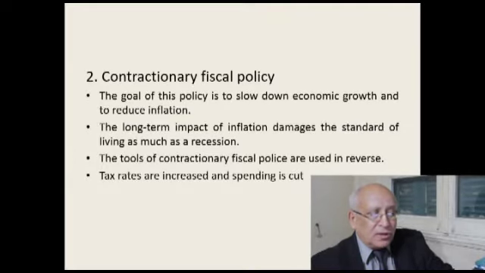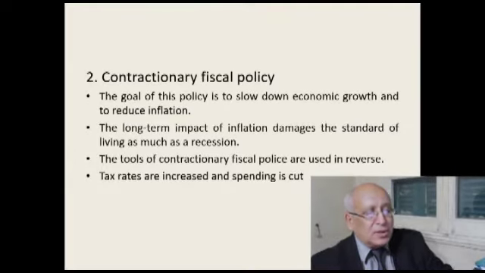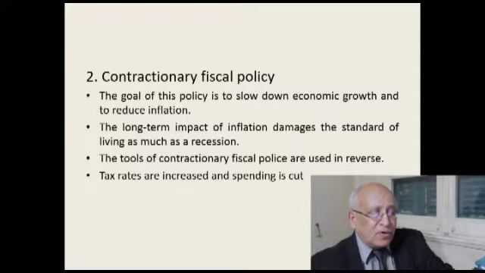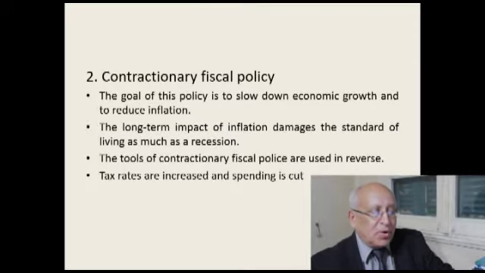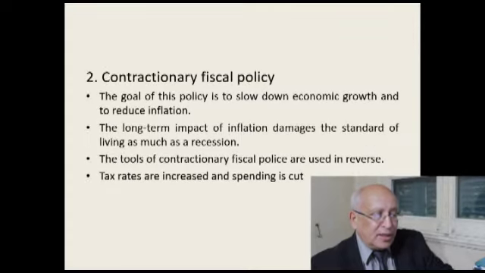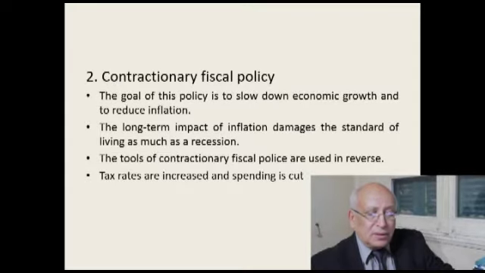So the government uses its tools under this policy to reduce demand. The tools of contractionary fiscal policy are used in reverse of its counterpart, expansionary policy. Under this policy, tax rates are increased and spending is cut.